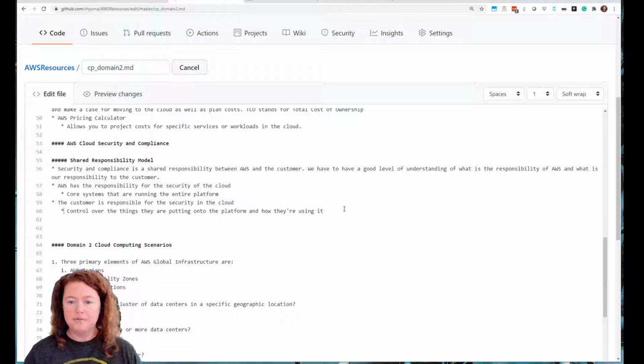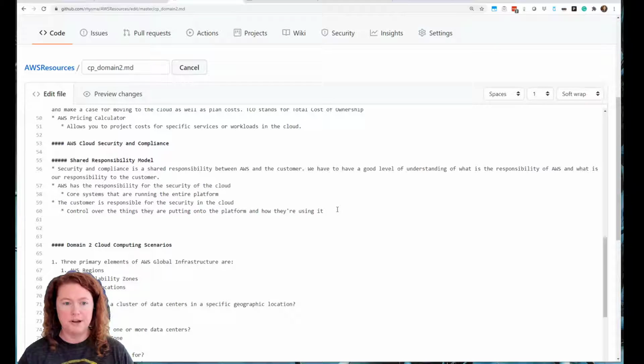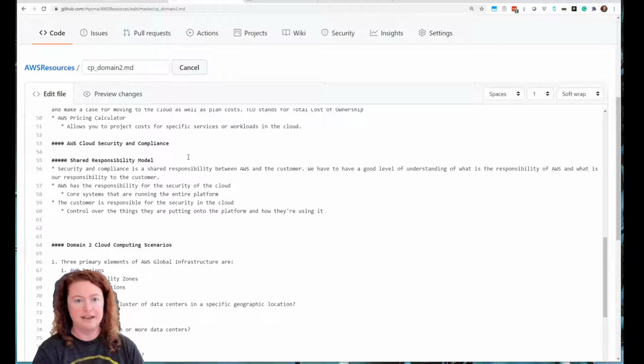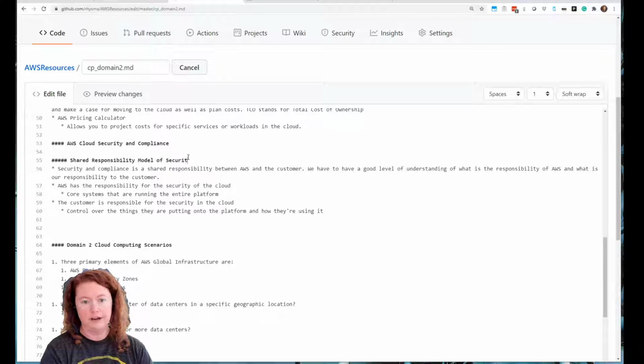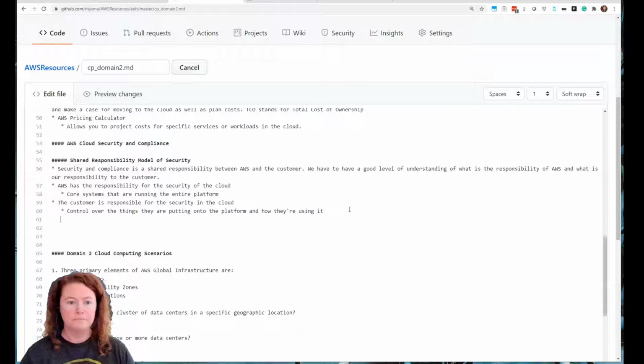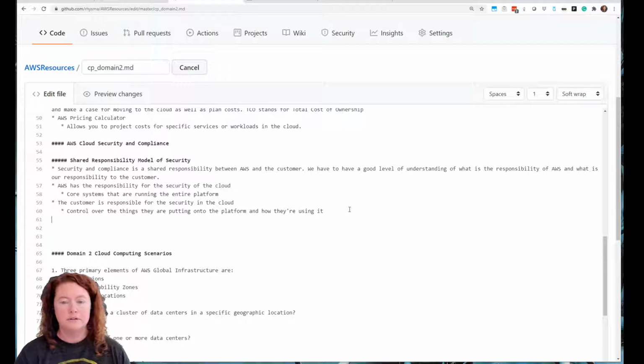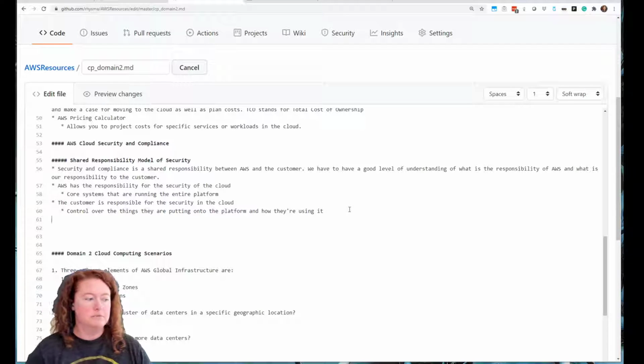So that's what we mean by the shared responsibility model of security, because you have to work together as a team to make sure that everything is running smoothly.